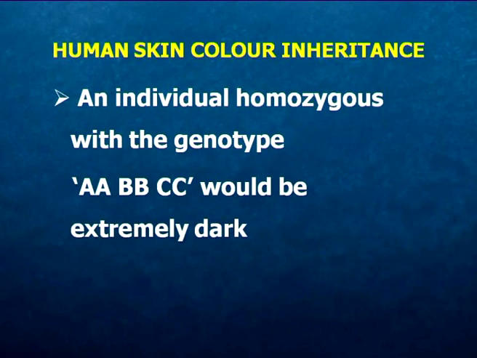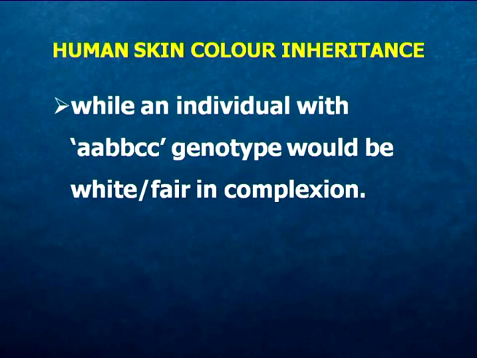Now, an individual who is homozygous with the phenotype అంటే సమయుగ్మజంగా ఉన్నాడు ఒక ఆయనలో capital A, capital B, capital C, అంటే 3 pairs ఆఫ్ డామినెంట్ అండ్ రెసెసివ్ ఎలీల్స్. హోమోజైగస్ కండిషన్లో ఉన్నాయి 3 pairs ఆఫ్ డామినెంట్ ఎలీల్స్, రెసెసివ్ ఉండవు ఇక్కడ.